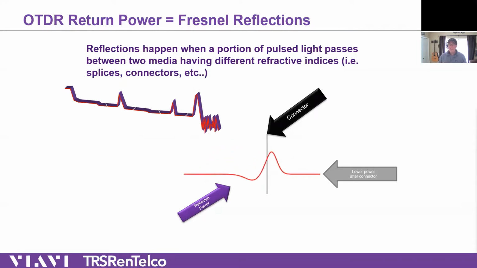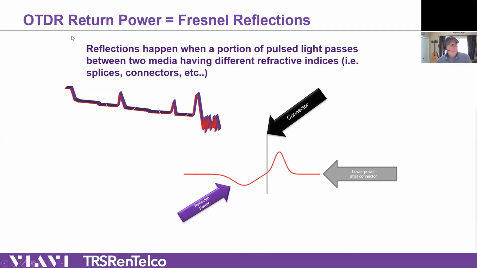But in most cases, let's just call it a connector for simplicity. So when light from fiber A hits the connector into fiber B, you will always have a small imperfection in the glass, which will cause a reflection of that light to come back down the fiber to the transmitting laser. And in our case, that would be an OTDR.